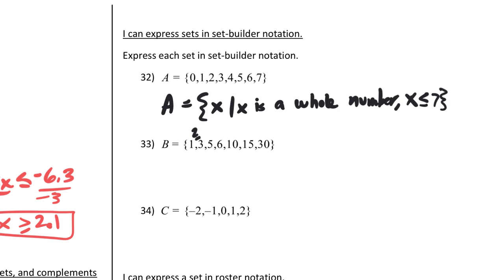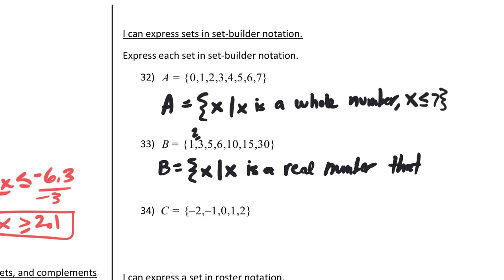So, whew. Okay. So we have the set B is equal to curly braces x such that x is a real number that is a factor of 30. And there we go. We don't need any more descriptors for that. That's done.